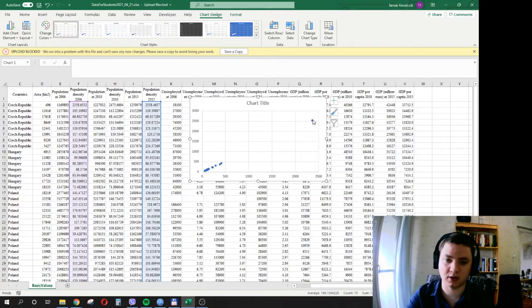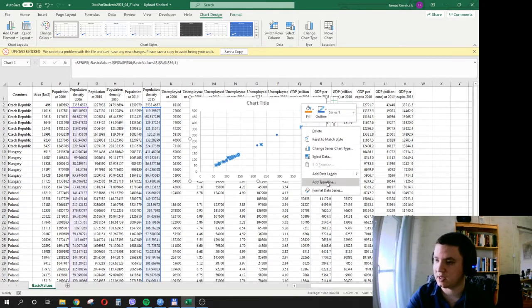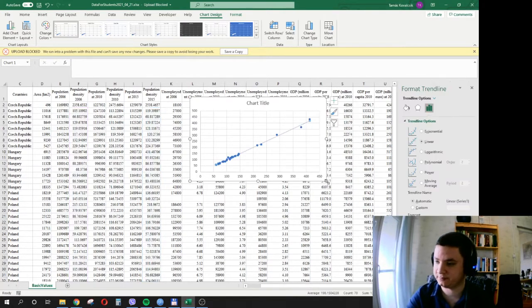There is an outlier, Czech Republic, Prague, so just grab and exclude the outlier, and after that right click on the point and add trend line, and click on display equation on chart and display R-squared value on chart.